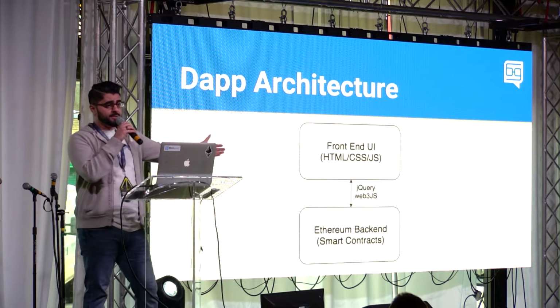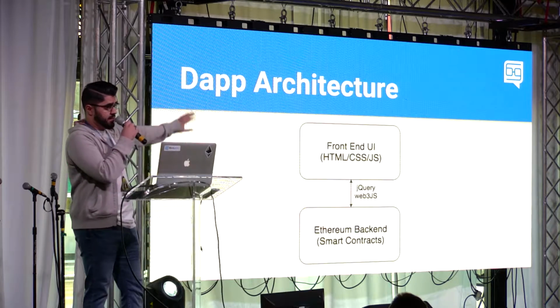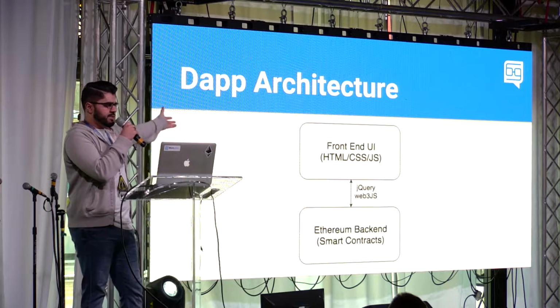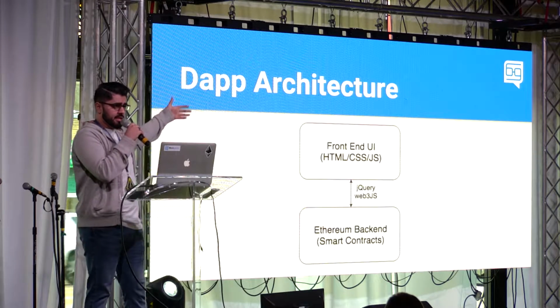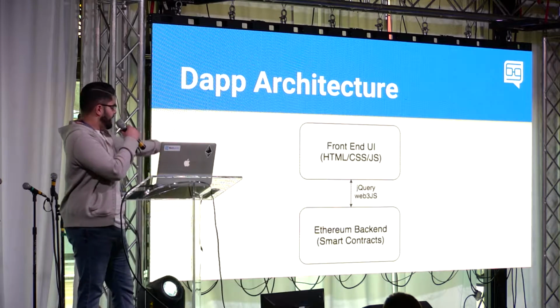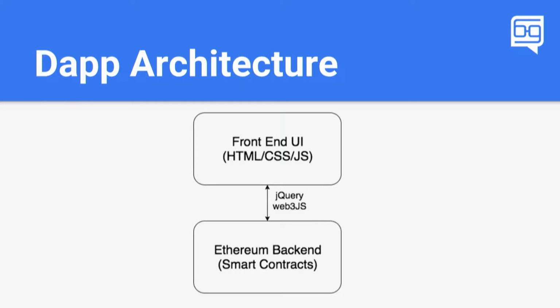But with dApps, the architecture changes slightly. We still have a front end and a back end, and the front end, for the most part, stays the same. We still write the front end in HTML, CSS, JavaScript. It still runs inside your web browser. But the back end part looks kind of different. We're not using AWS anymore or another hosting service.